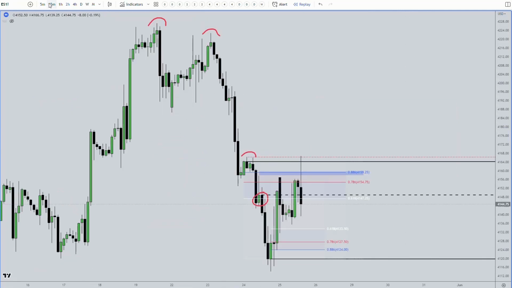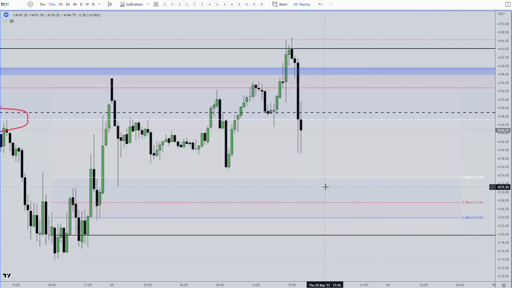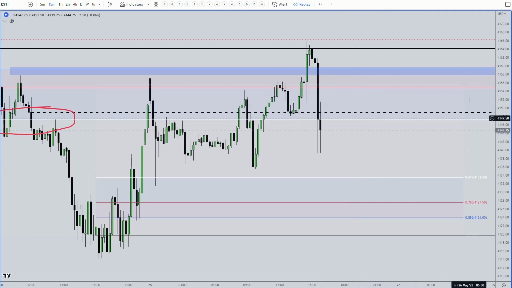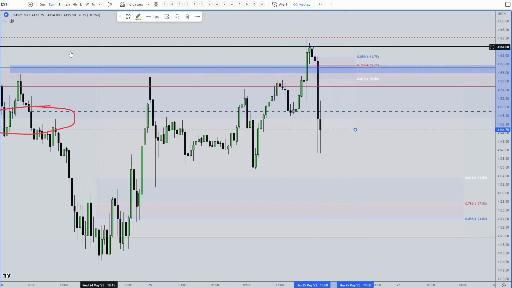So let's zoom into the 15-minute time frame, our entry time frame, and have a closer look at what happened there. To find an entry, you would repeat the same game. Take your fibs, identify a potential target box, see whether this target box lines up with a fair value gap. It does indeed.